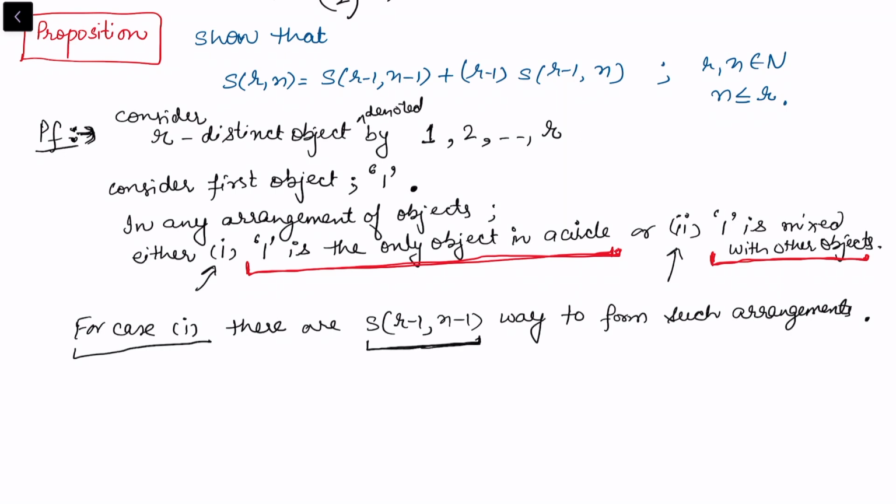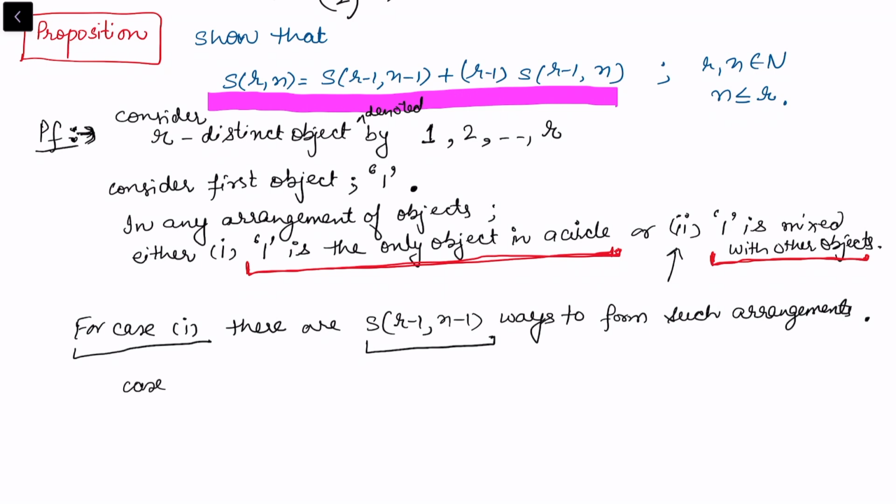We can write that in the form of a Stirling number only, since the idea of the recurrence is to find a relation in terms of the same Stirling number. Here we fixed this one object on the first table, saying this is the only object, so its placement is fixed. For the remaining ones, we again use the Stirling number: R-1 objects in n-1 tables, ways to form such an arrangement.